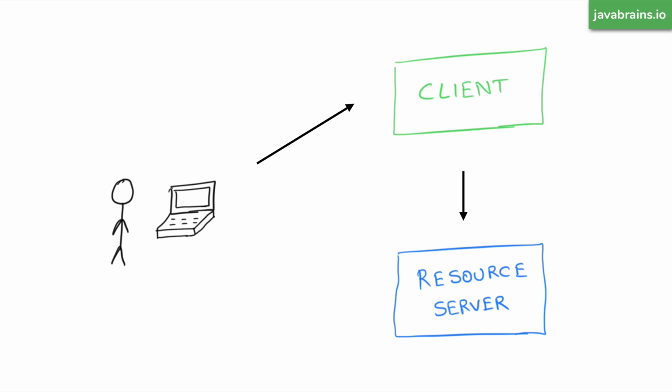I can create an account on my end, or I can just rely on Google or Facebook's account and say, okay, if Google is happy enough to trust this user, that's good enough for me. I'm going to trust this user as well. So when the client does this, the client avoids setting up authentication on their own, and it just relies on Google's authentication or Facebook's authentication.